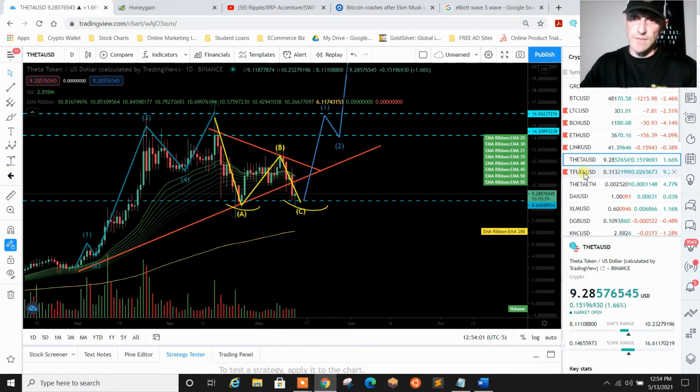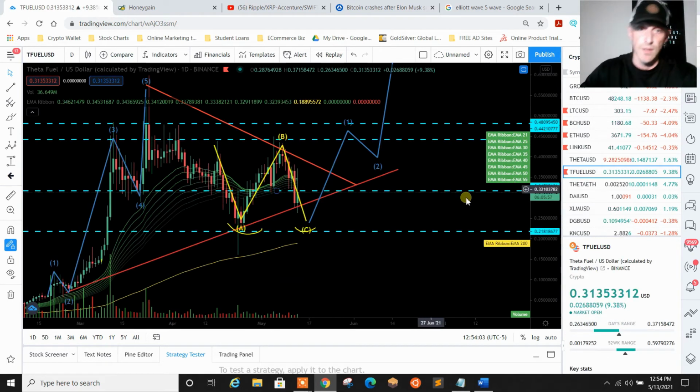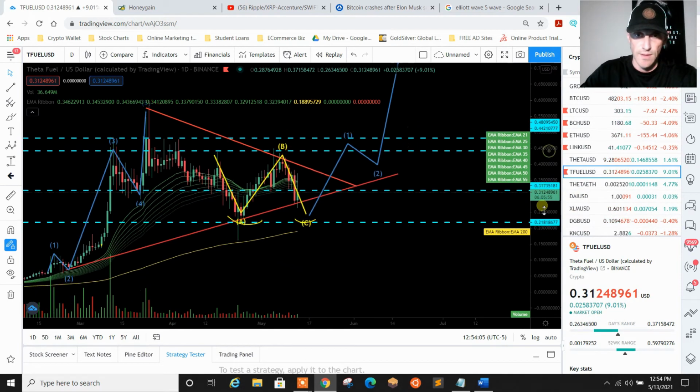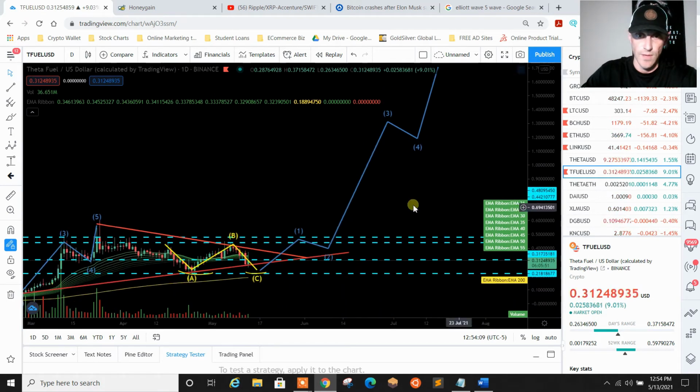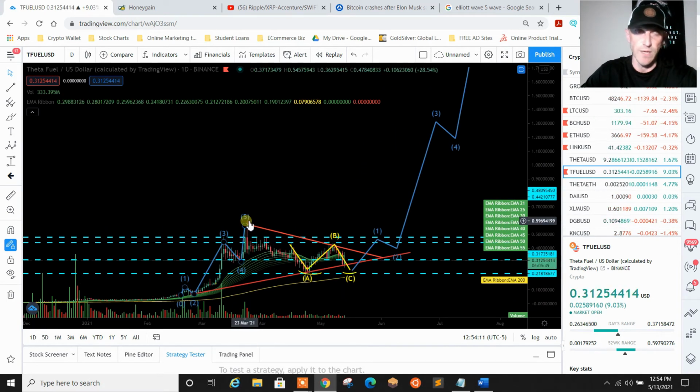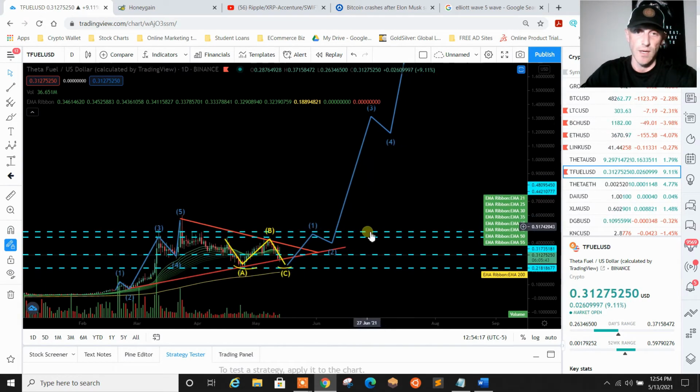If we go back to THETA again, I've got the same thing, and again, I was basing this on that weekly impulse 1, 2, 3, 4, 5. We're just getting ready to start impulse wave number 3 on the weekly, and it should be at least double or close to double what we did back here on the first move up on THETA.